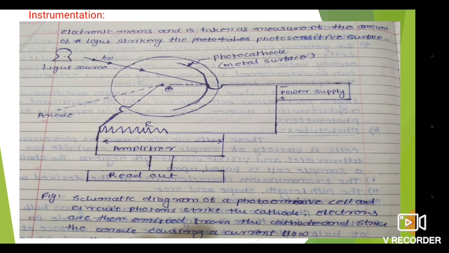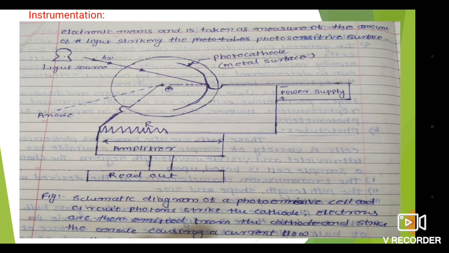For example, a sodium coating is utilized in the 350 to 450 nanometer region. For other wavelengths, quartz windows are required when the radiation is in the ultraviolet. So it is visible, used in the region of 350 to 450 nanometer.